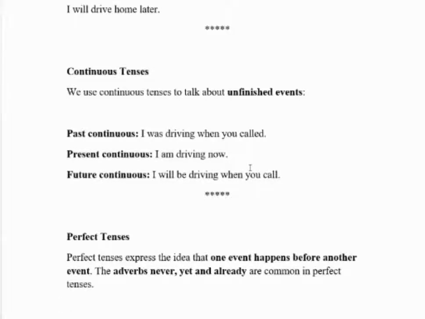We will talk about the rule: we use the subject and then the verb to be and the infinitive verb plus ing. That's when we are talking about the past. In the present, we use the subject and verb to be in the present, and then the infinitive verb plus ing. So I am driving now.